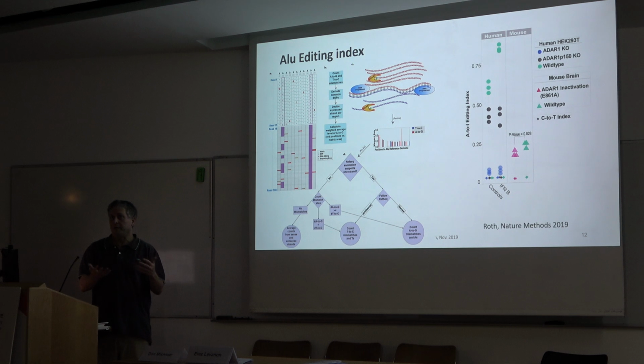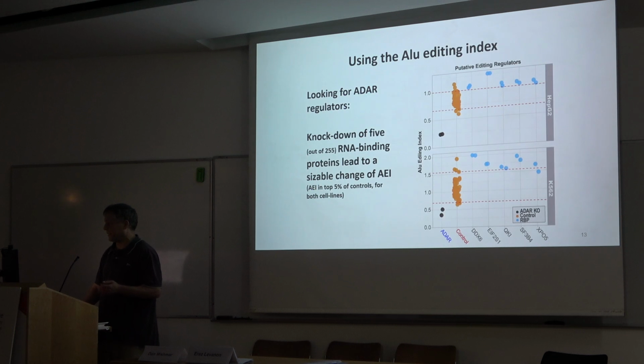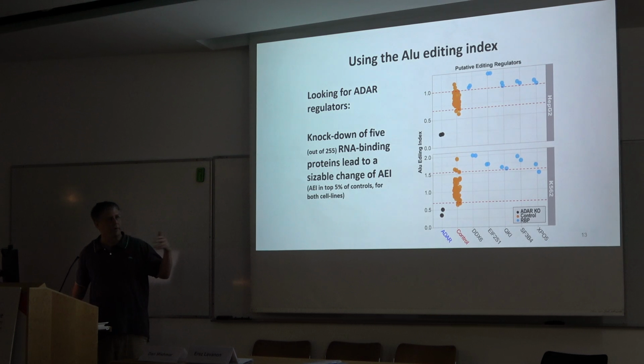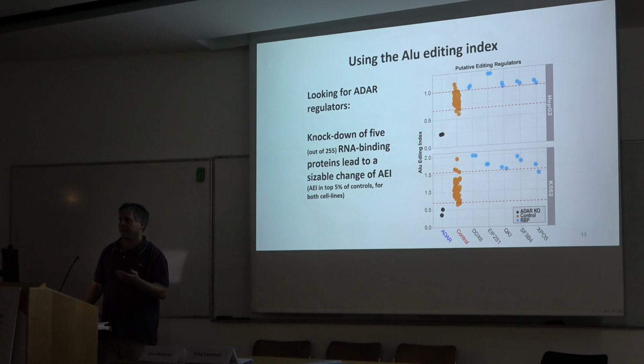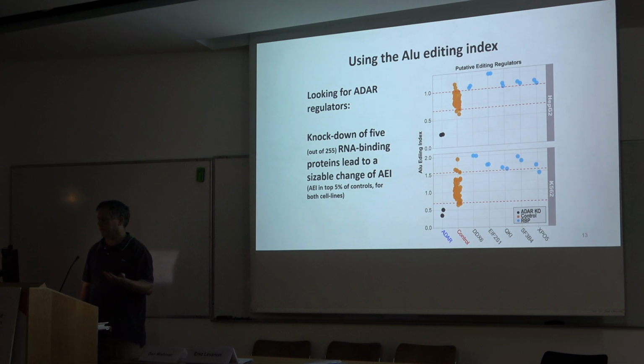And we can compare various tissues, diseases, and conditions, and we can define the regulators of ADAR. But now we can utilize the publicly available data and look for places where editing can play a role.